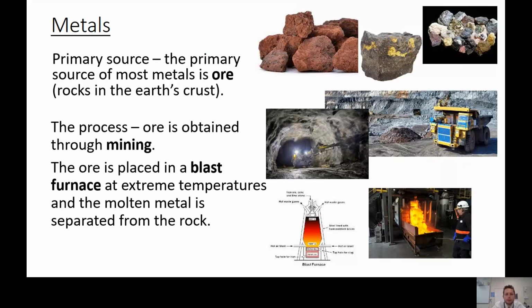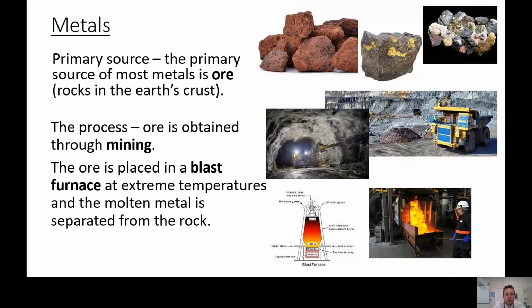But these rocks, when we've collected up this metal ore in the form of these rocks in the Earth's crust, it needs to be processed further. Now, for most metals, the ore is placed in something called a blast furnace. And this is a huge cylinder which is put under extreme temperatures. And what happens is the molten metal is separated from the rocks.